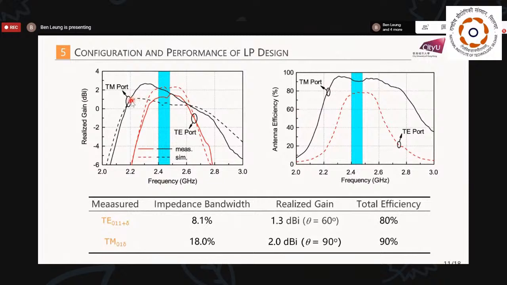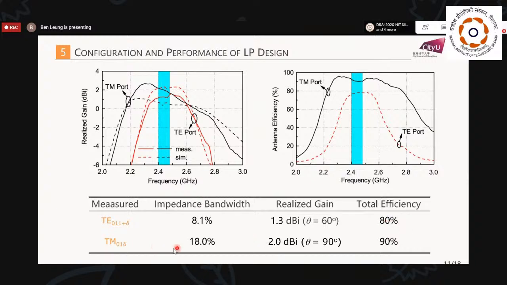This is the TM port. This is the TE port. This table summarizes the results. This is the antenna efficiency. For the TE011 plus delta mode, we have impedance bandwidth given by this antenna gain and total efficiency. The total efficiency has taken into account the impedance matching.